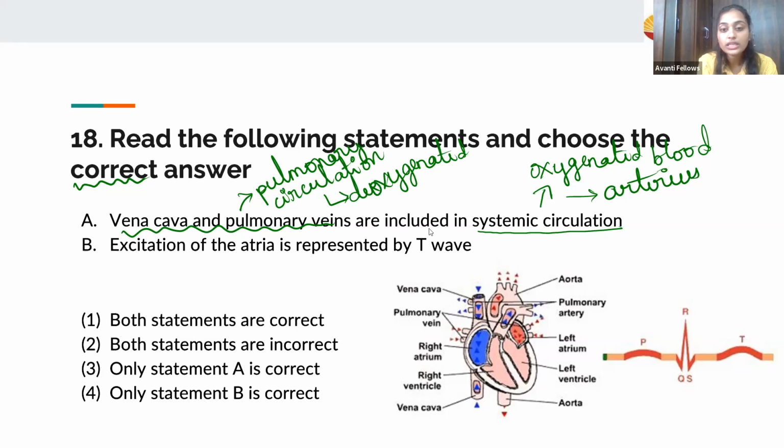So they are not included in the systemic circulation, which is completely about carrying oxygenated blood. So the first statement is completely wrong.